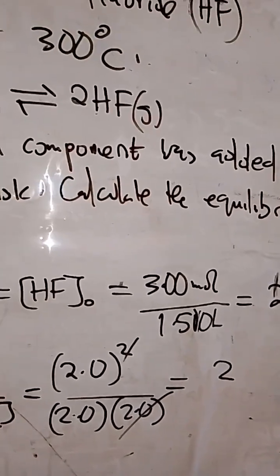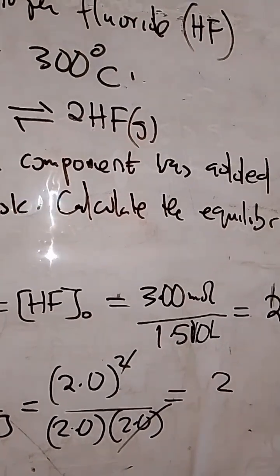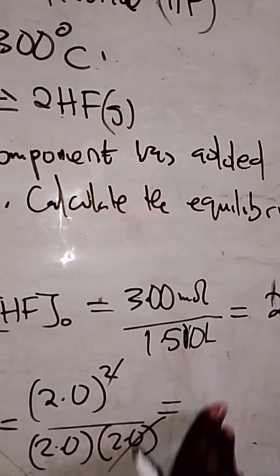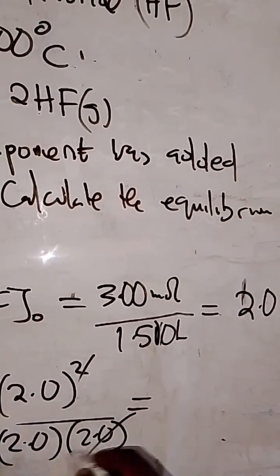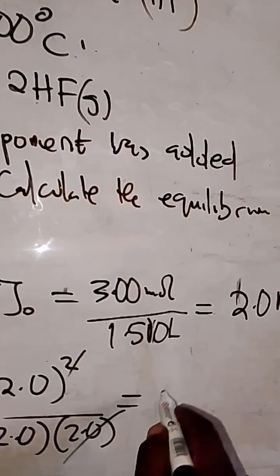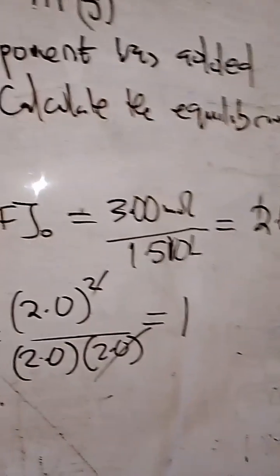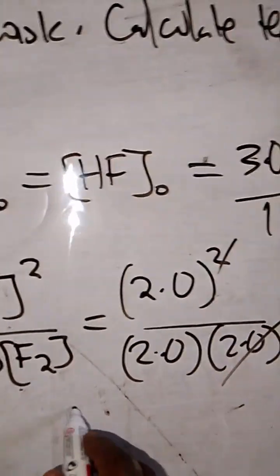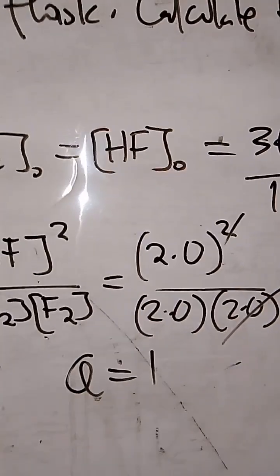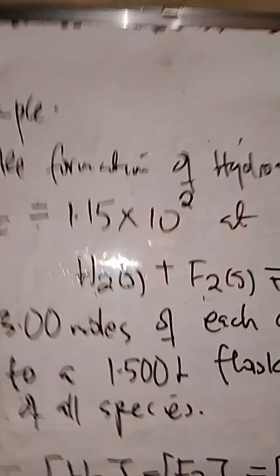Now, 2 into 2, so we cancel there, 2 into 2 is equal to 1. So Q in this case is equal to 1. Then now we compare with the Kc.